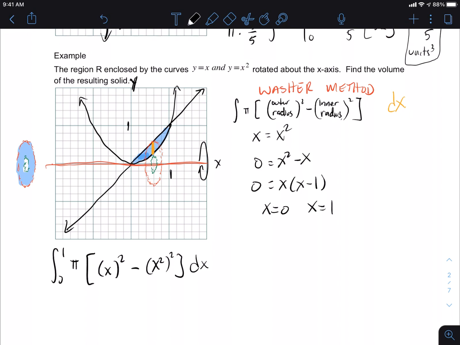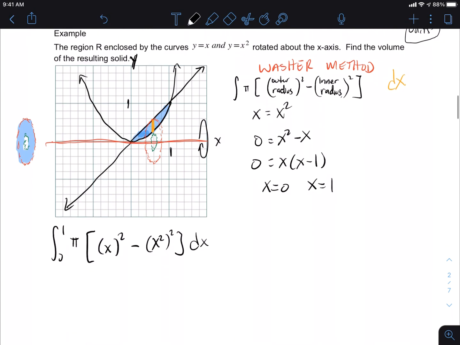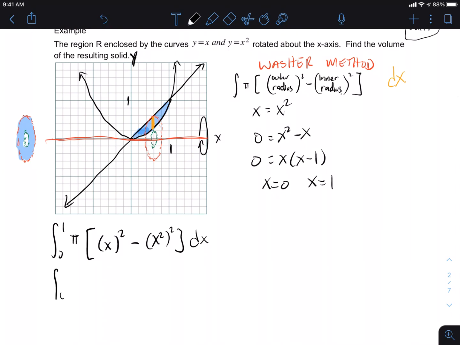So now we can do this, right? 0 to 1. I'll move pi out front. And I'm going to get x squared minus x to the 4th dx. So that's going to give me pi times x cubed over 3 minus x to the fifth over 5, evaluated from 0 to 1.